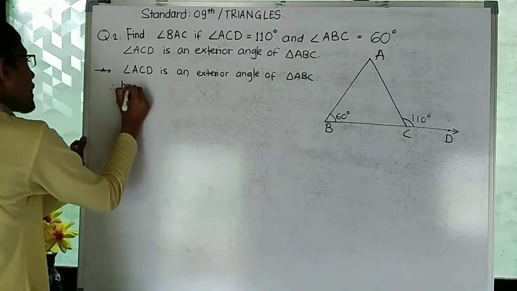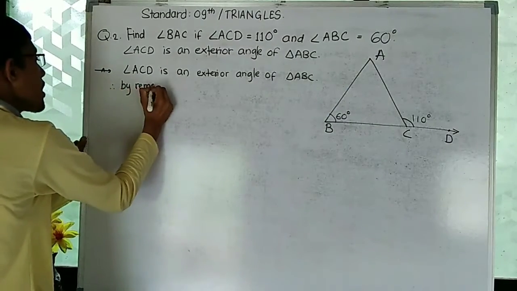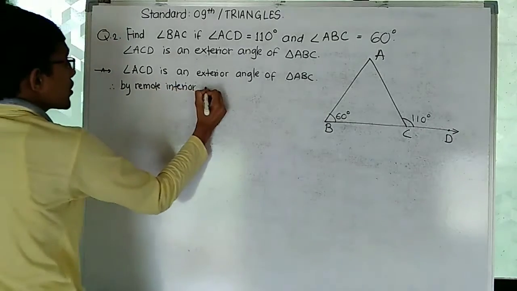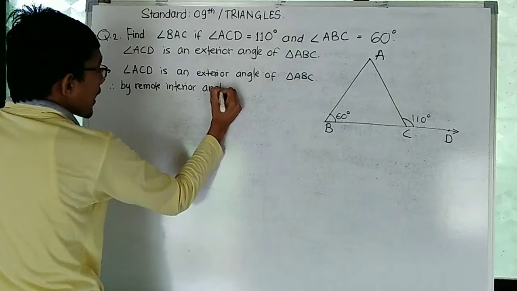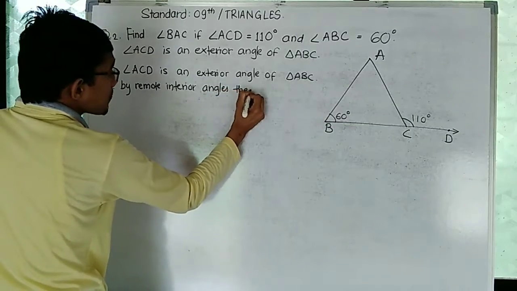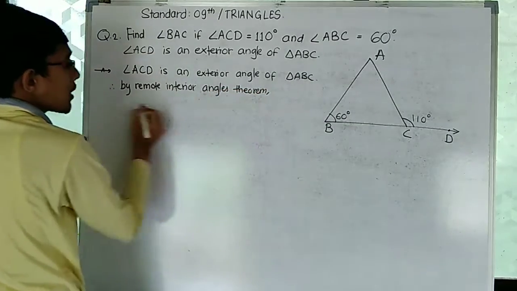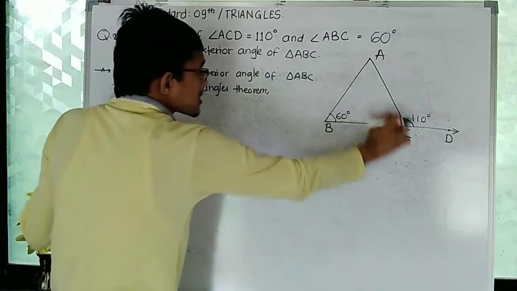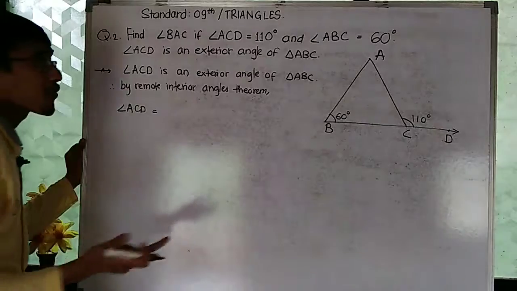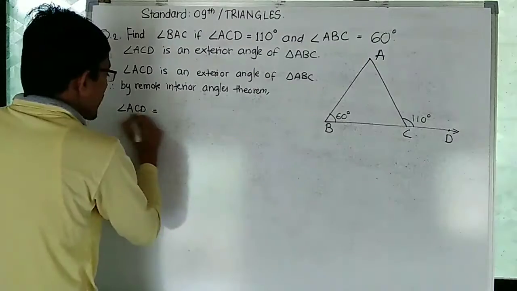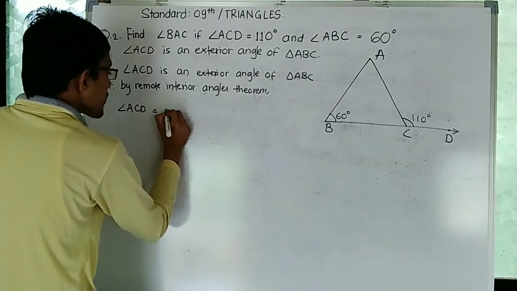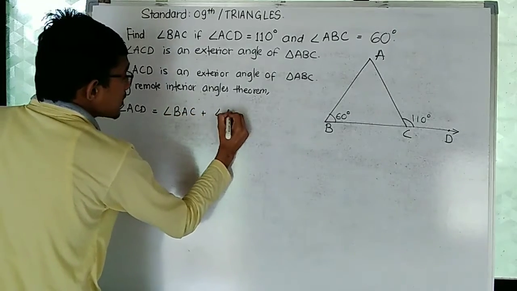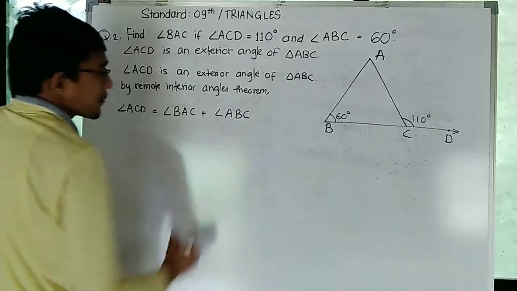Okay, so we can use the remote interior angles theorem. By the remote interior angles theorem, angle ACD, this exterior angle, is the sum of the remote interior angles. So angle ACD is equal to angle BAC plus angle ABC.